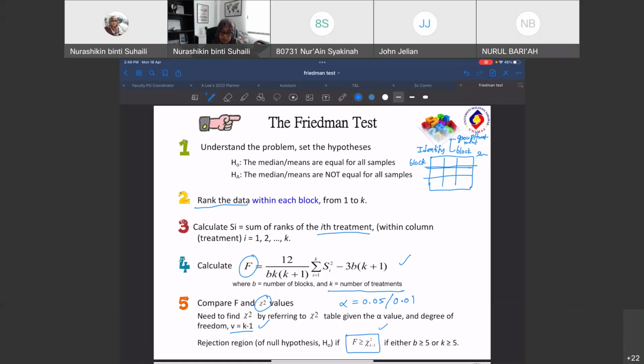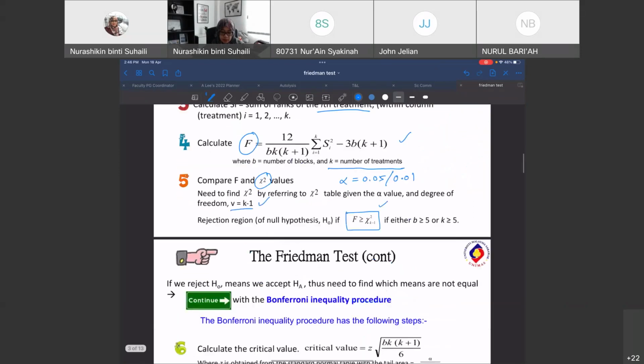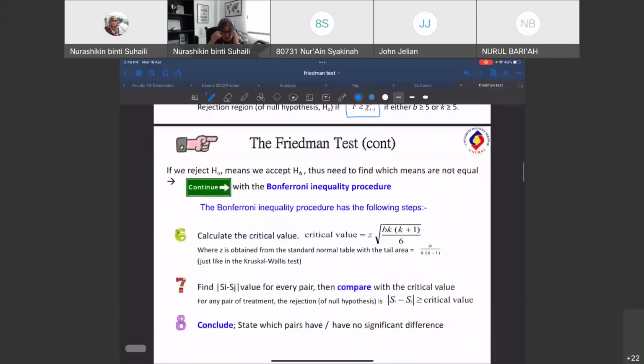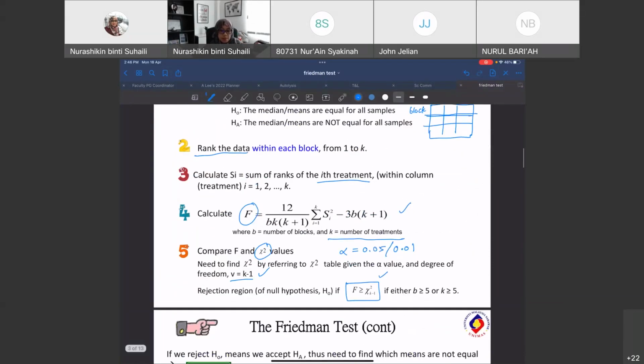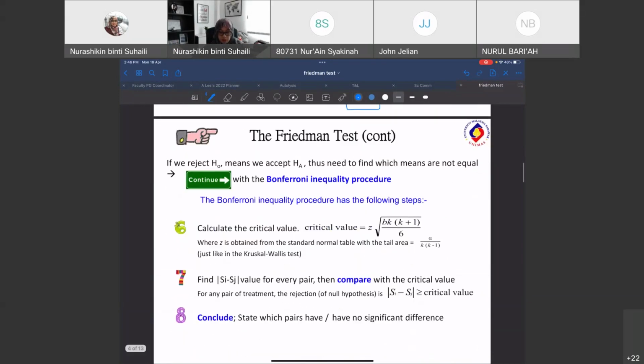This is the one that you have to remember. That's step number 5. The rest of it is the same as Kruskal-Wallis. Step number 5 is important because it will determine whether you proceed with step 6 until 7 or not.